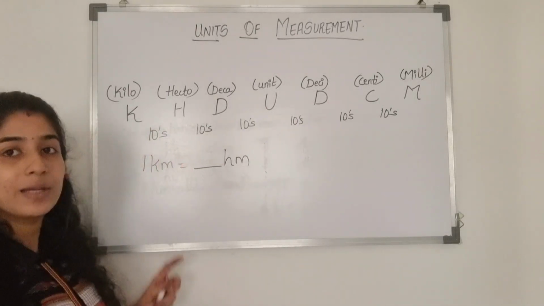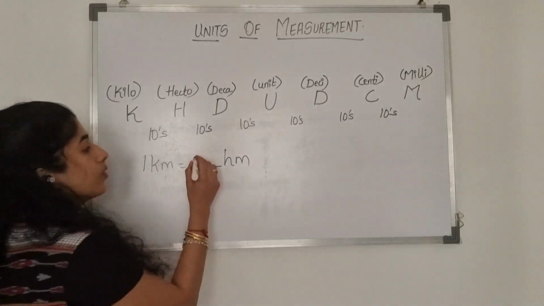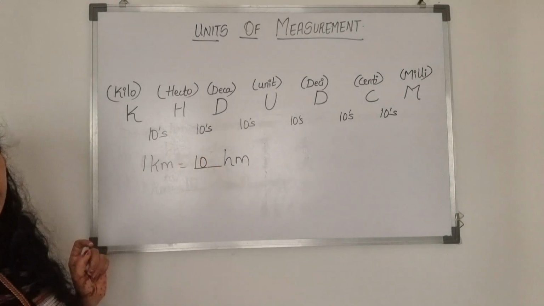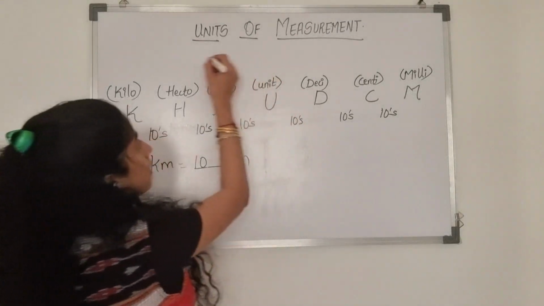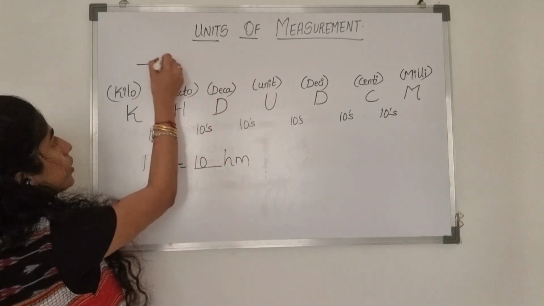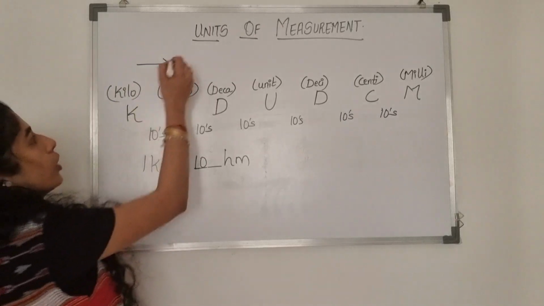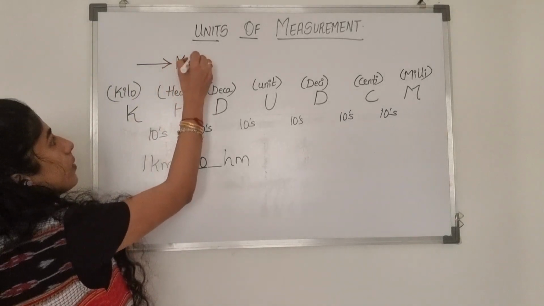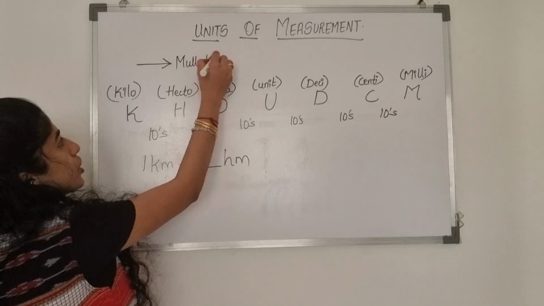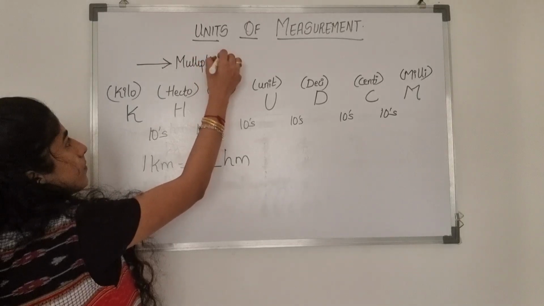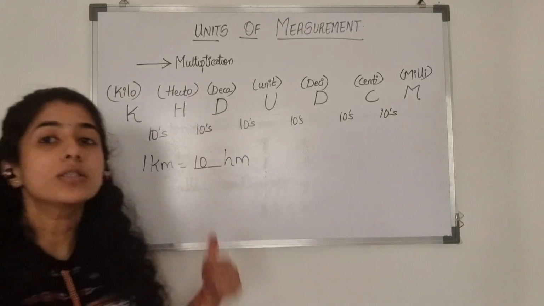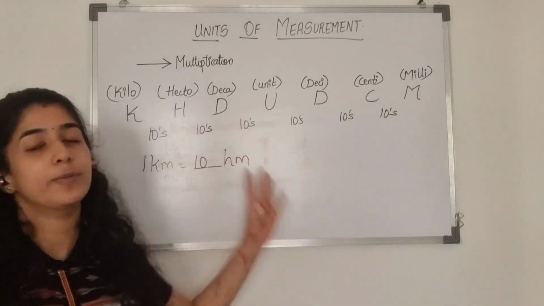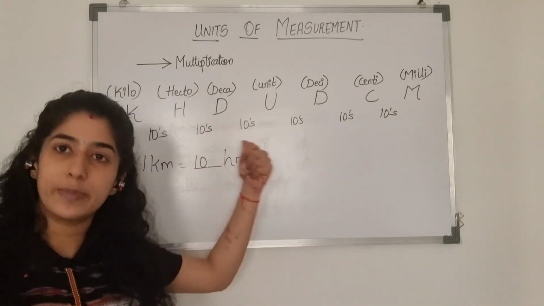So I will multiply this 1 by 10, which will give me the answer as 10. So what is the rule I said? If the conversion is from left to right, you will make use of multiplication.